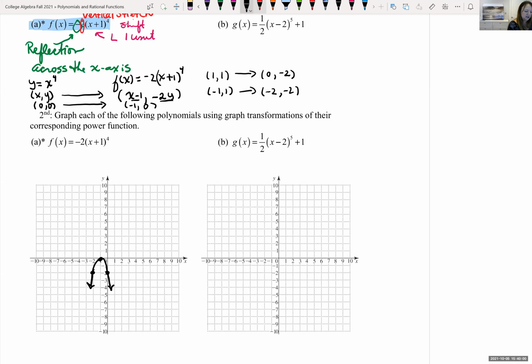So the minus 2 inside the parentheses is shifting it to the right 2 units. So that's affecting my x value of my new point. And I would subtract 2 from my x value.